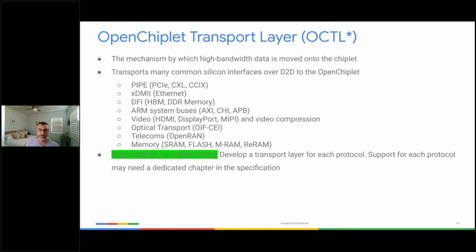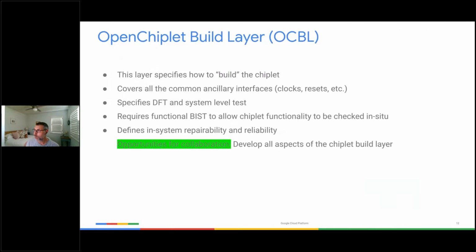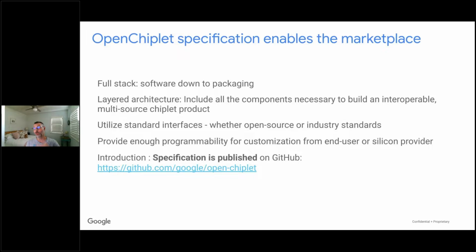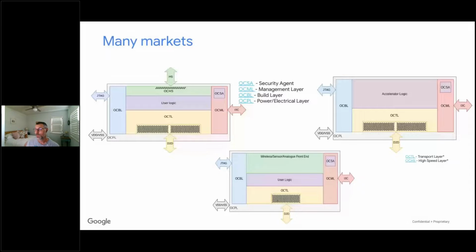Those ARM buses, I thought they were just for internal. So are they actually considering them for die-to-die type interfaces as well? I mean, in some systems, I think you could envisage that happening. In the use case I talk about here, the accelerator type use case, maybe you're using an ARM bus across the die-to-die connection because ultimately that gives you a flat memory map.